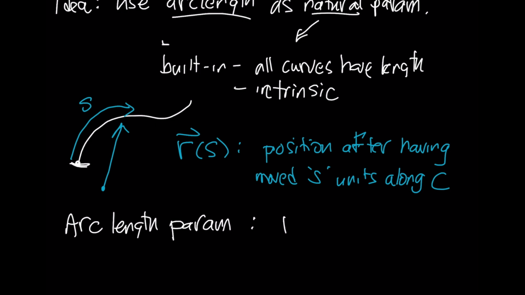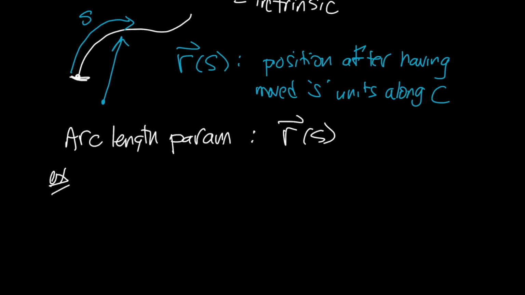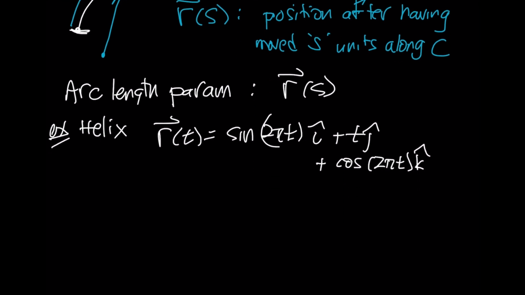To try to illustrate this, I'm going to talk about the example from the previous video. We have a helix, and we were given this path: sine of 2 pi t in the i, t in the j, and cosine of 2 pi t in the k. Now, for the arc length, we're going to start with t equals 0 just as an arbitrary choice.